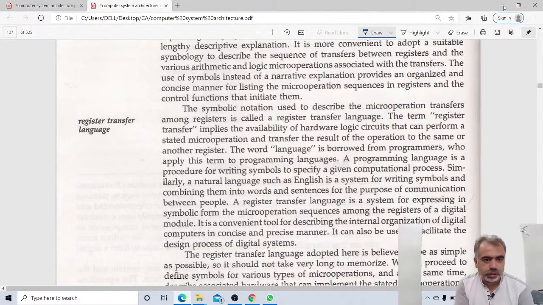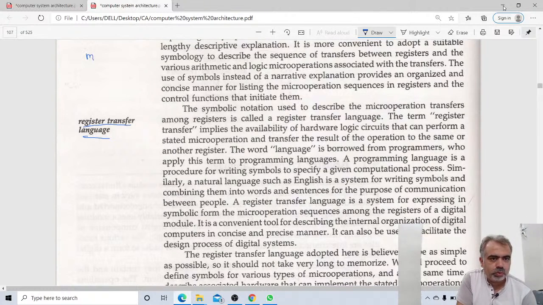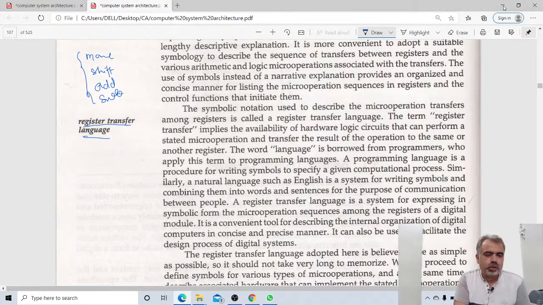This is very important again, and this is a way to read this book. RTL is the register transfer language. As I told you, there are certain instructions like move, shift, add, subtract. But we do not give these instructions to the computer system directly.